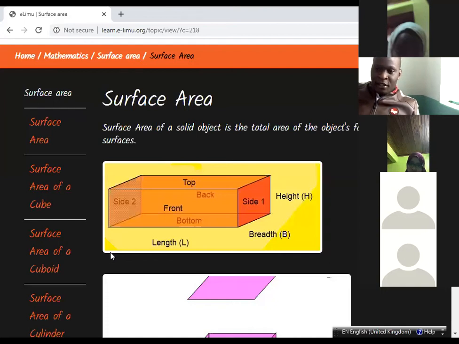The width, 10 centimeters. To get the area of that front, we shall have 8 times 10, which is 80 centimeters squared. But remember, the front and the back are the same. So to get the front and the back, you multiply 80 times 2, which gives us 160 centimeters squared.